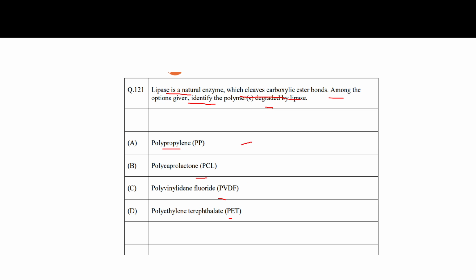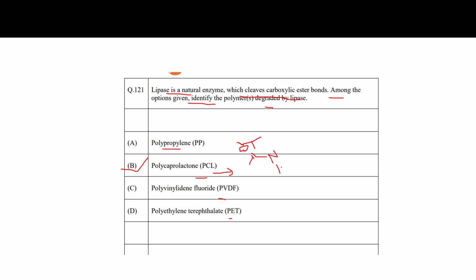Polypropylene, the polymer will be like this, with a methyl group and CH2CH2. There is no functional group present. Polycaprolactone is like nylon 6, where only the amide bond, CONH, is present. So this is also not your answer, since it has no ester bond.